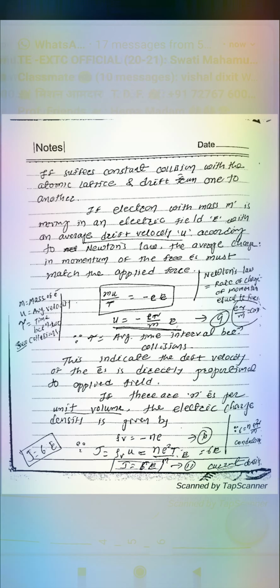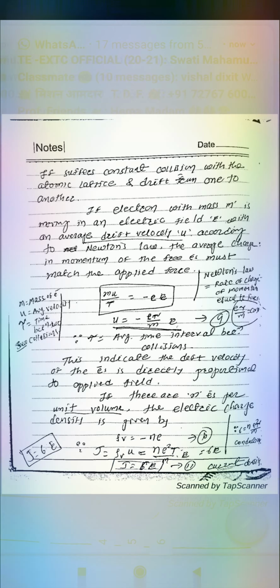Here e is constant, tau is constant, and m, the mass of the electron, is constant. Therefore, we can say that the drift velocity of the electrons is directly proportional to the applied field.